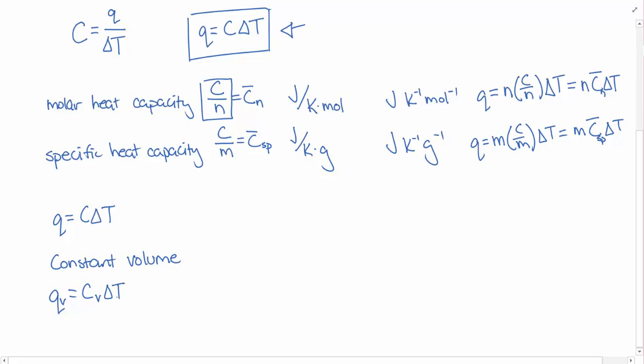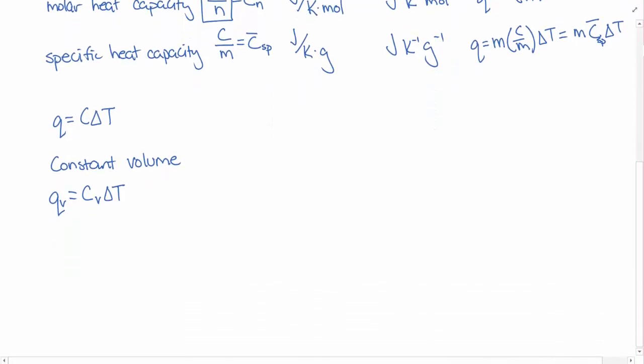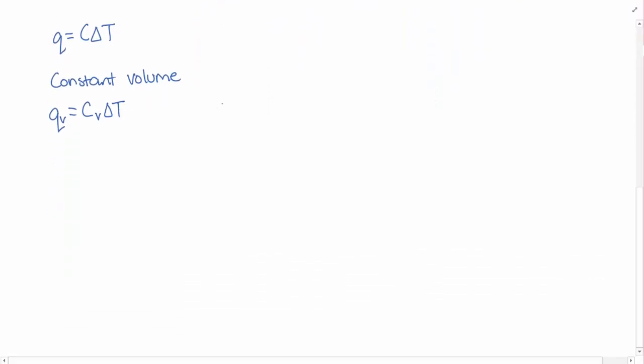Now we've already shown that heat flow at constant volume is exactly equal to the change in energy. So we know delta E is equal to Q_V, and this is because at constant volume there's no work. Delta E equals Q plus W, but at constant volume work is 0, so it's just Q_V.